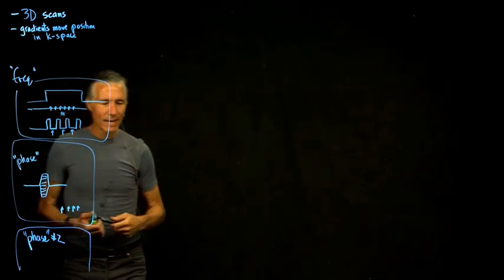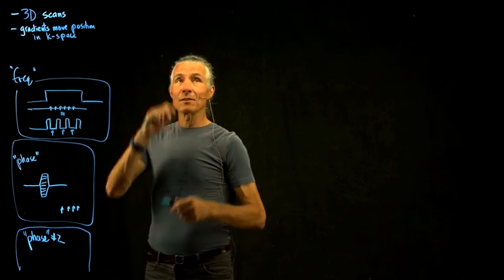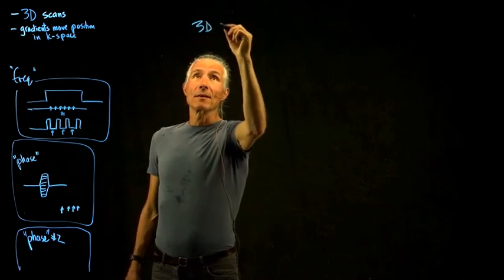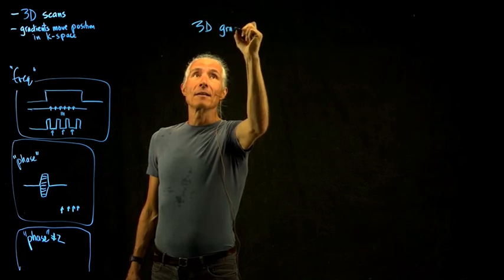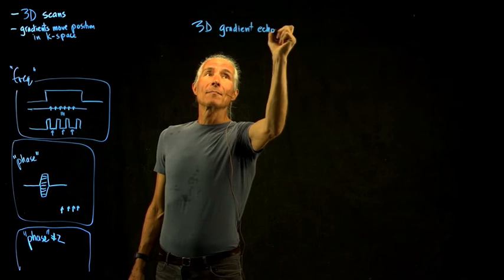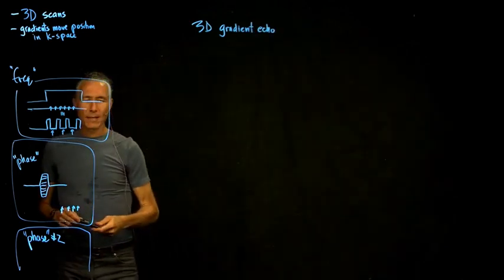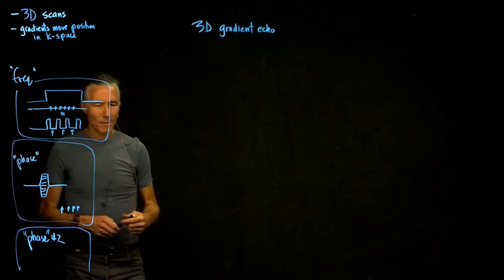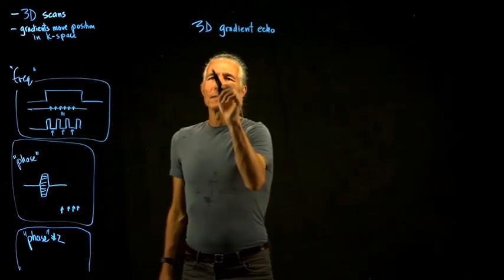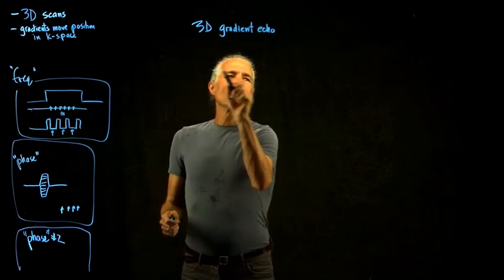And so what does that actually look like? A very simple pulse sequence. I'll draw out a simple one, without all the details: the 3D gradient echo. This is the most common kind of structural scan; a T1 weighted scan or an MP-RAGE is an example of something like this.